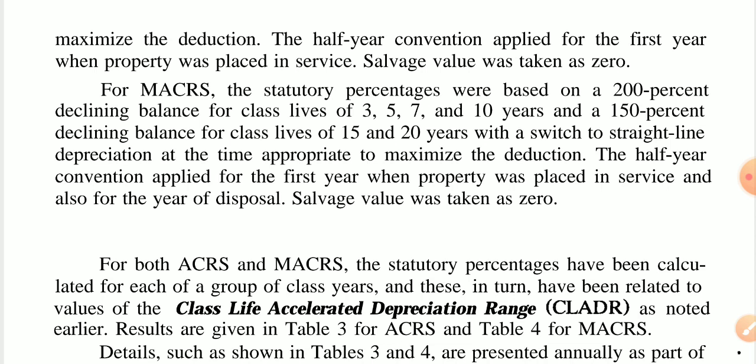The salvage value was taken as 0, and for MACRS the statutory percentages were based on the 200 percent declining balance method for class lives of 3, 5, 7 and 10 years, and the 150 percent declining balance method for class lives of 15 and 20 years, with a switch to the straight line method at the time appropriate to maximize the deduction.